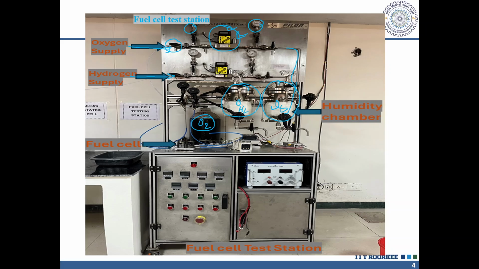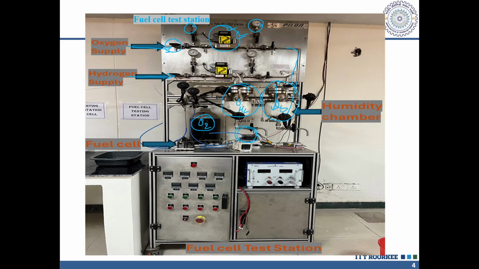The gases will go through the chamber, and the dry gas will get wet; it will capture some moisture. This moist hydrogen and oxygen will go inside the fuel cell.